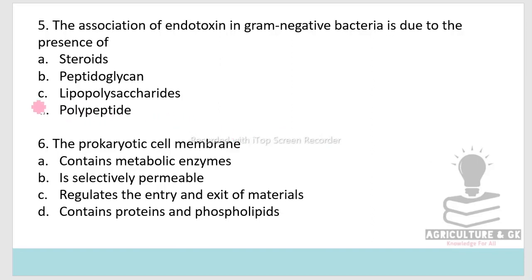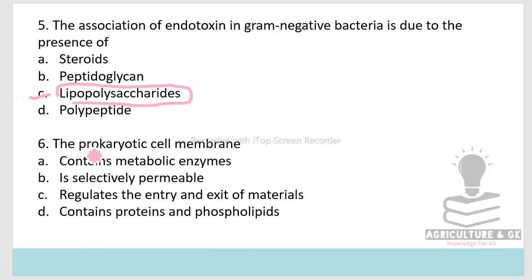So here our answer will be lipopolysaccharides, because the immunogenicity is associated with the polysaccharide component, and the toxicity is associated with the lipid component. And this association with gram-negative bacteria is associated with the biological activity of these endotoxins. So our answer is option C.